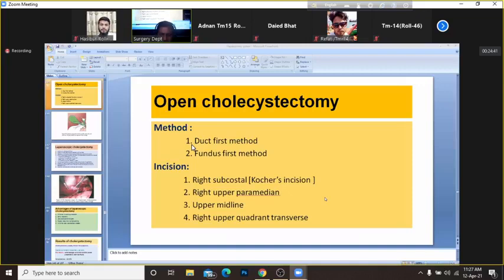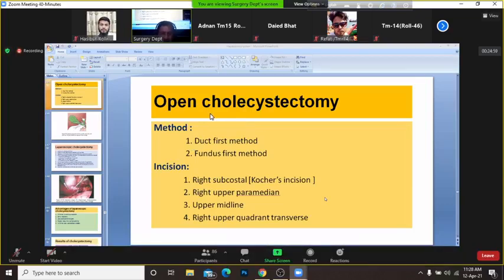Right subcostal means we have to give a curved incision about ½ inch below and parallel to the right costal margin, starting from the midline up to a point at the anterior axillary line. So this is the right subcostal incision or Coker's incision.